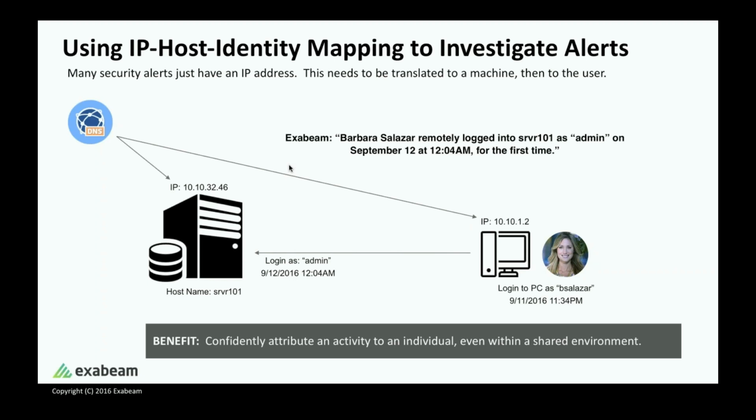So that ability to confidently attribute an activity to an identity and tie IP, host, and identity mapping together, even in a shared environment, is very valuable when you're trying to do incident response.